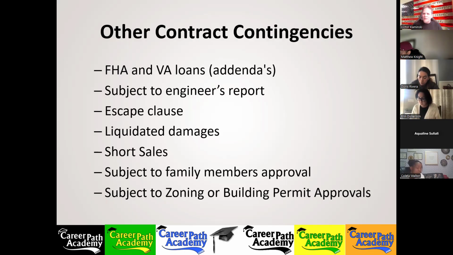However, you're going to allow us to continue marketing the property for sale. And in the event we get another offer that's acceptable in writing, we're going to come back to you and see if you're ready to remove that as a contingency from the contract. And if you're not, we could cancel the contract with you and not be in breach of contract, so that we could accept the other one. Okay, so those are the terms. So who does the escape clause protect?